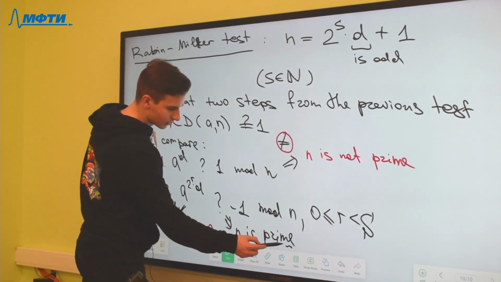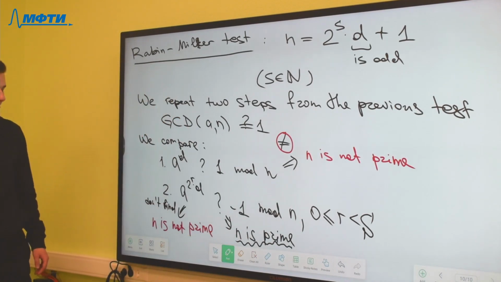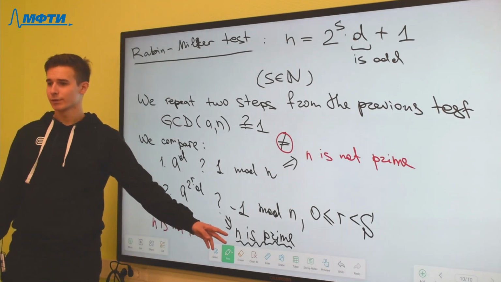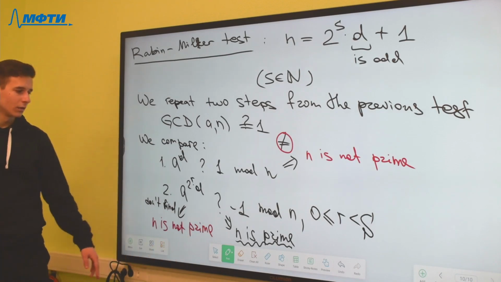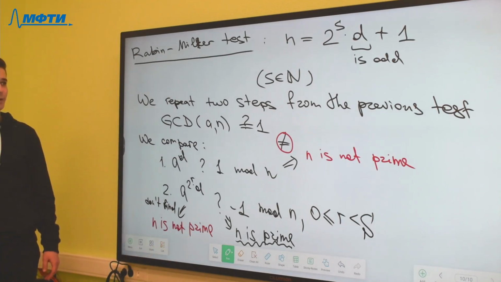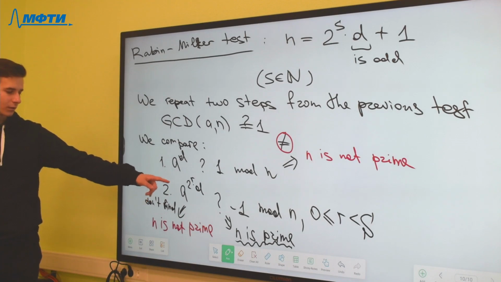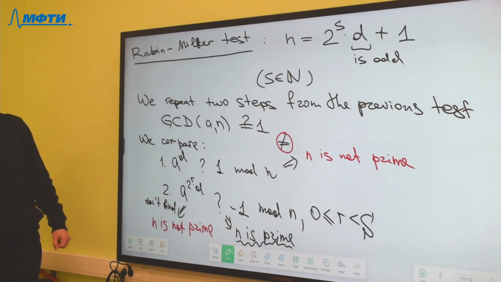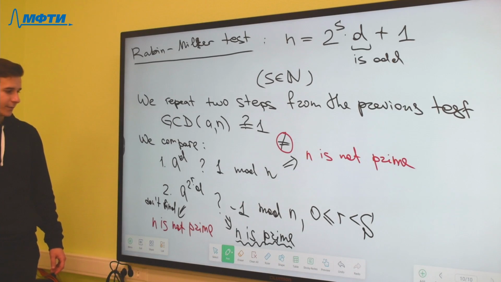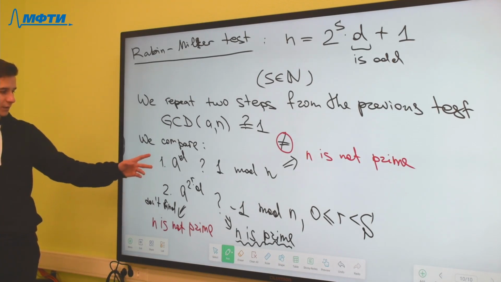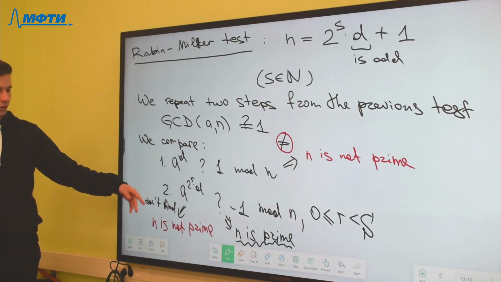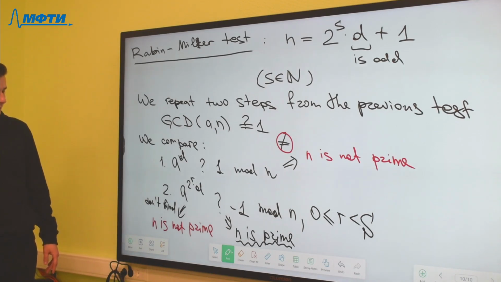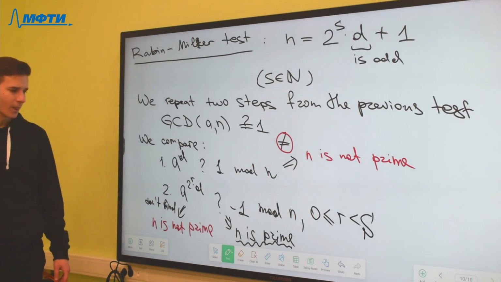And as in the previous case, we have some probability to get wrong here, because there are some numbers such that if we check these two equations, we say that n is prime when it is actually a composite number, not prime.